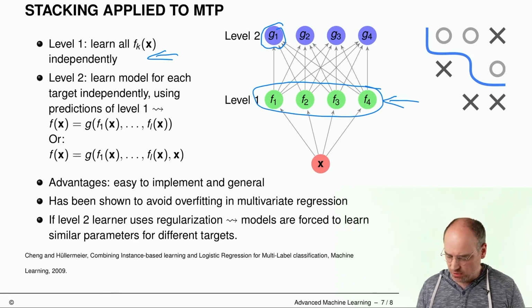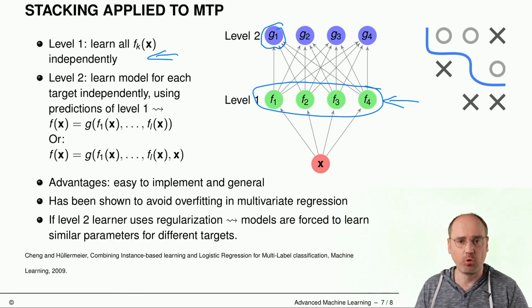Okay, so these guys here on level 1 are fitted independently, and now G1, which would model the first target, is allowed to combine all of these estimated outputs, which have been estimated independently, into kind of a joint prediction for the first column.